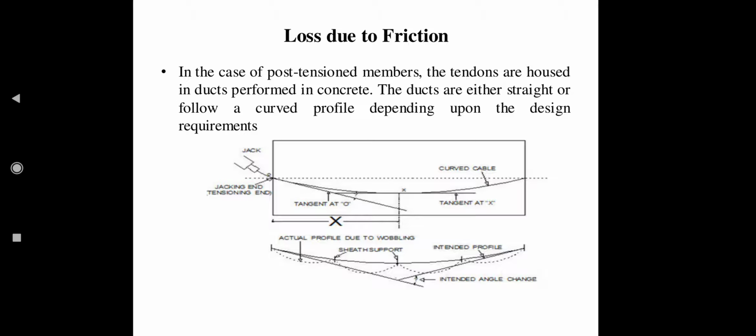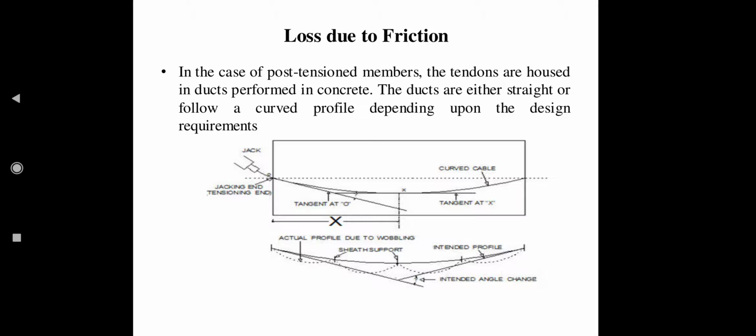The cable or a tendon is placed through this duct. Let us assume the cable is fixed at this end and this end is free. And now we need to impart a tension to the cable and anchor the cable using the wedges.